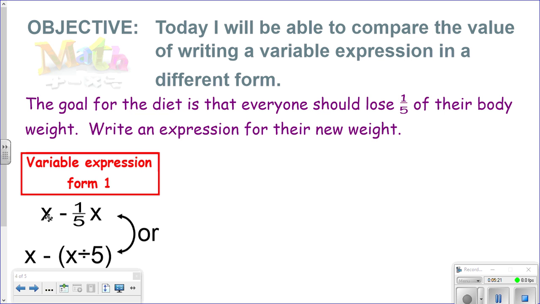So we have their weight and we're subtracting 1/5 of that weight. Remember, every fraction is also a division problem. So we could say this another way. This is their weight, and you're subtracting 1x divided by 5. 1/5 of x is 1x divided by 5, dividing into 5 parts.